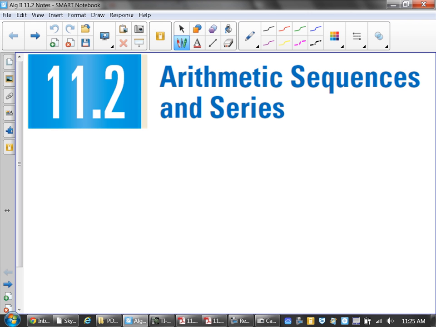Anyway, have you seen an arithmetic sequence before? What is it? Exactly. It adds the same thing, or no, subtracts. An arithmetic sequence is a sequence of numbers that has the same common difference.